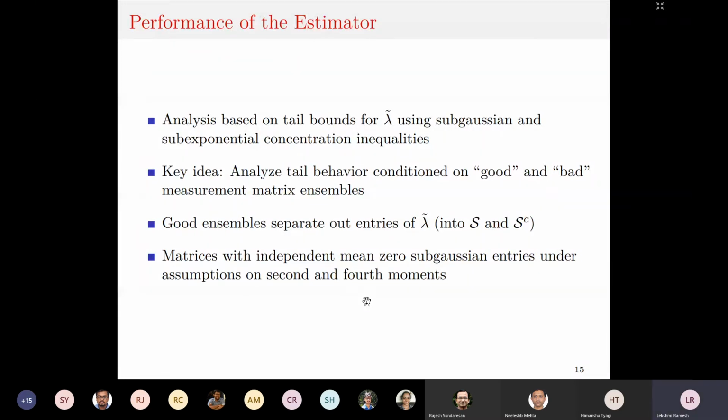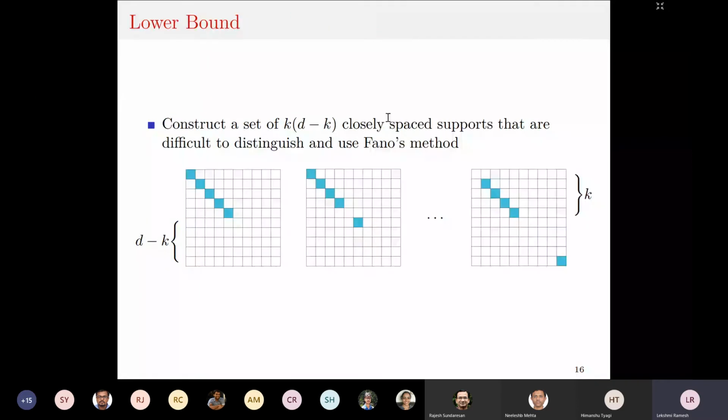For the lower bound part, the idea is to use Fano's method. The parameter space here is the set of covariance matrices, that is what we are trying to estimate, or equivalently the variance vector, because this is diagonal.